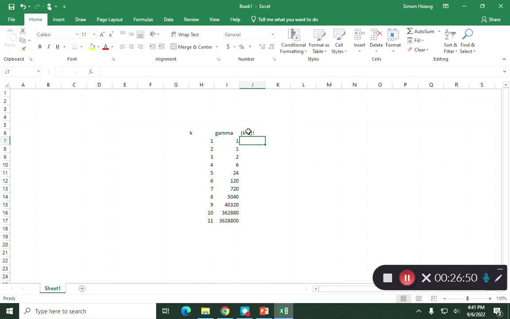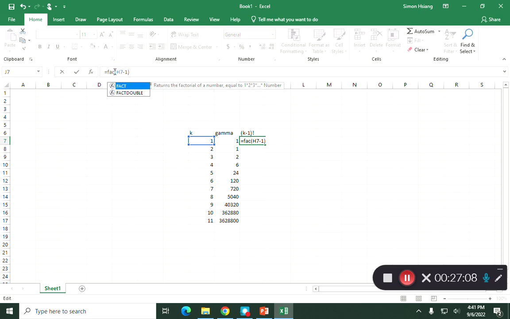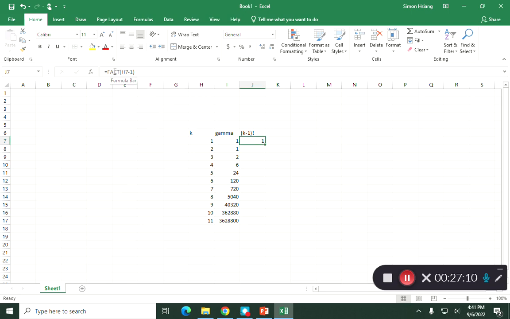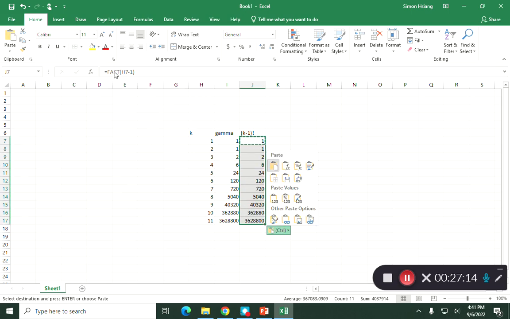So if I use this as my gamma, minus 1, and take the factorial. See, that's exactly the same number.